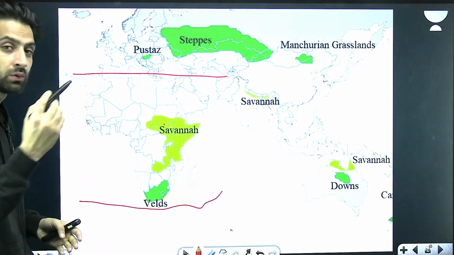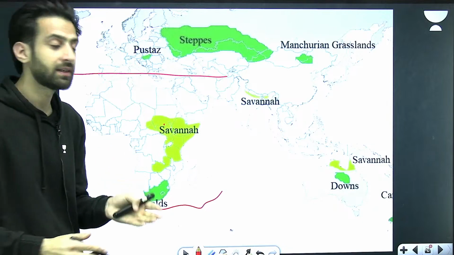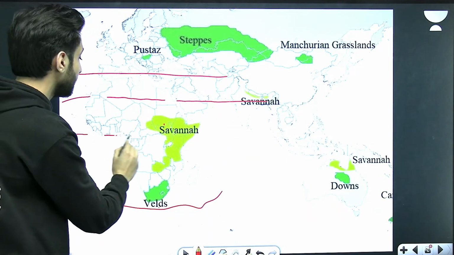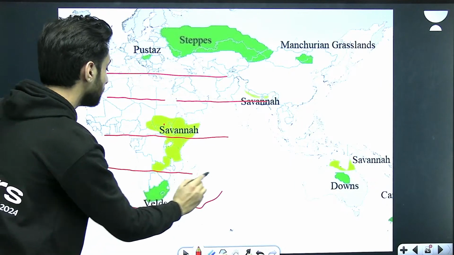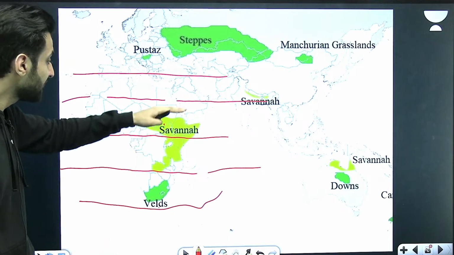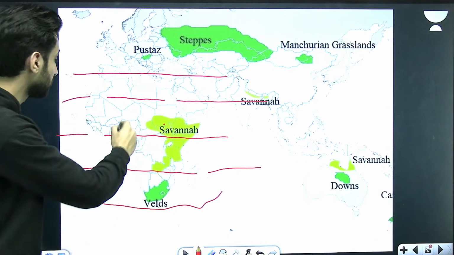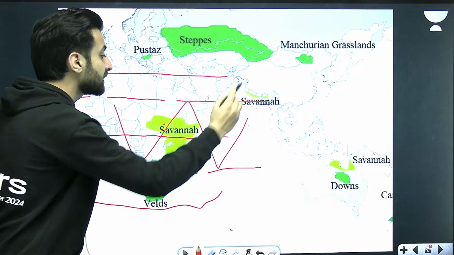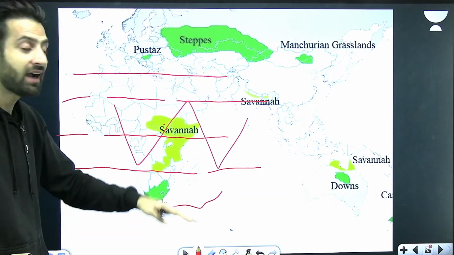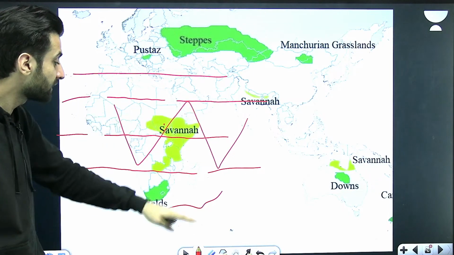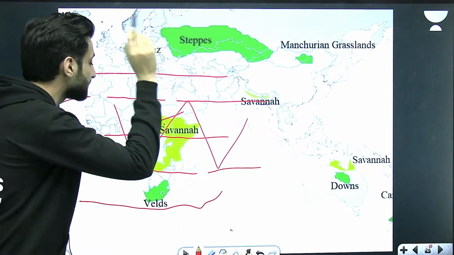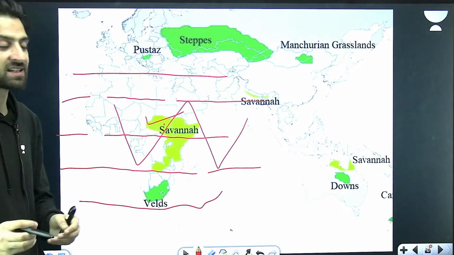It's very simple. If you know about the Tropic of Cancer and Tropic of Capricorn, you will find the Tropic of Cancer, then you will find the Equator, and eventually you will find the Tropic of Capricorn. So the grasslands or anything that lies between these is called tropical. So this is the tropical area. What is the tropical area? Tropical area is any area that lies between the tropics, that is the Tropic of Cancer and the Tropic of Capricorn. So it is understood that Savannah is a tropical grassland.